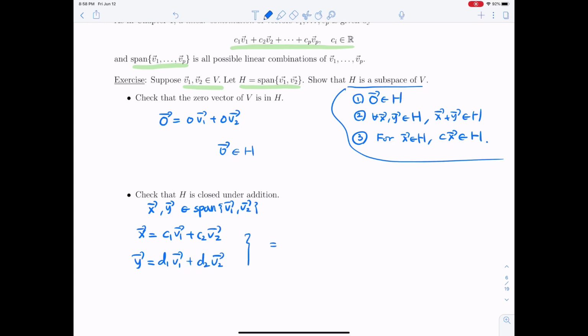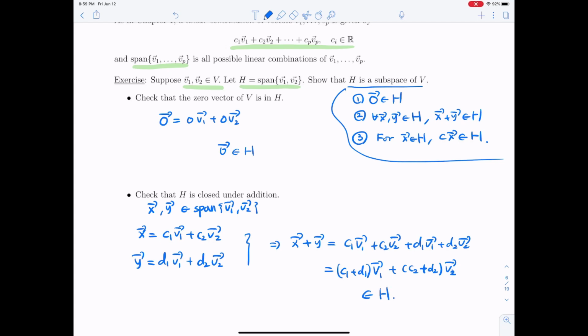Then if you add x and y together, this gives you c1 v1 plus c2 v2 plus d1 v1 plus d2 v2, or that gives you (c1 plus d1) times v1 plus (c2 plus d2) times v2. And again, x plus y is a linear combination of v1 and v2. It is an element of the given space H.